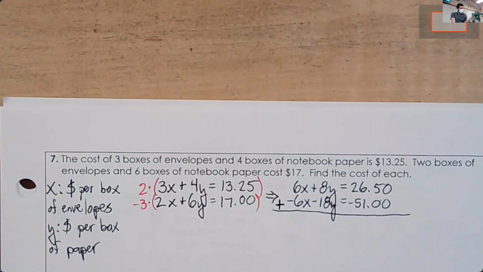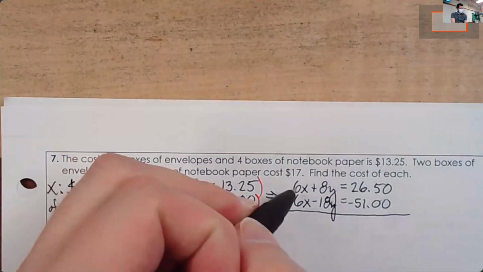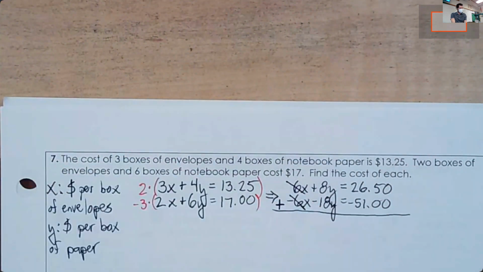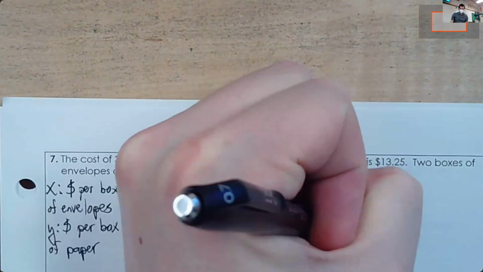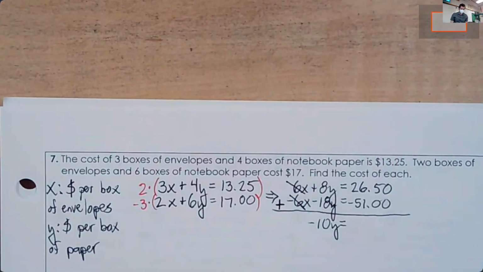And when we add them together, the positive 6x and the negative 6x will cancel. The 8y plus -18y would be -10y. And then I'm going to use my calculator on this one. 2650 plus -51 is 2450.